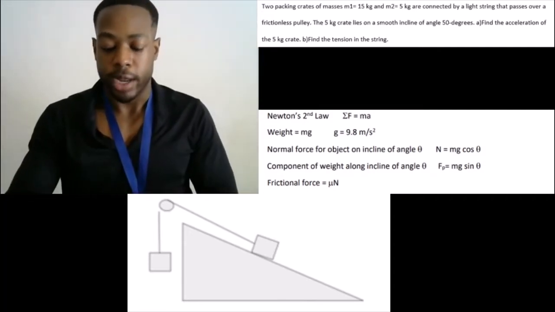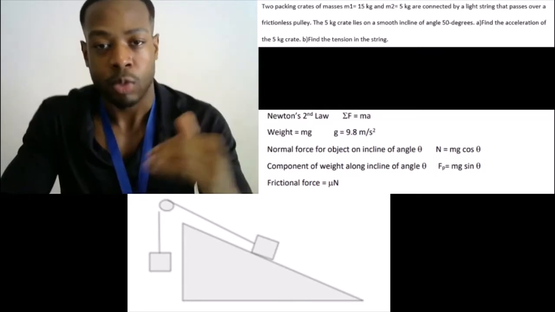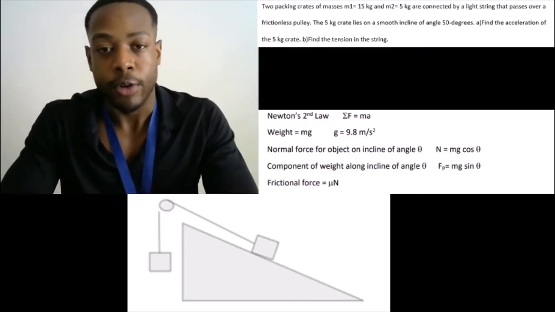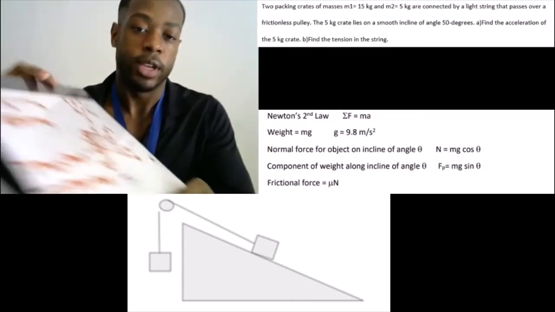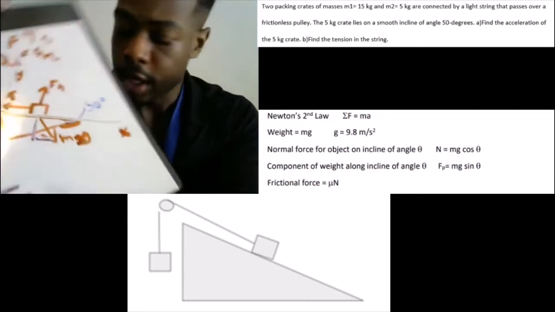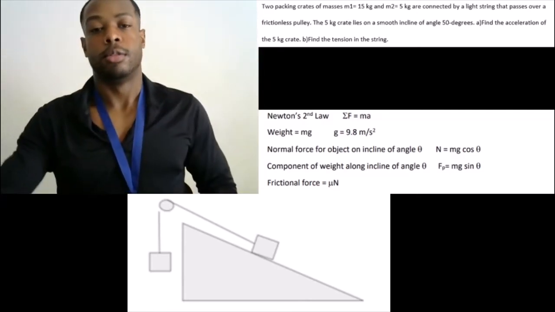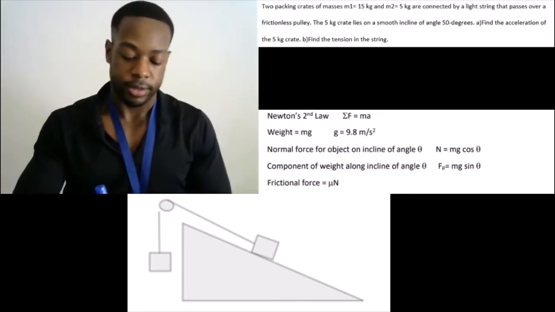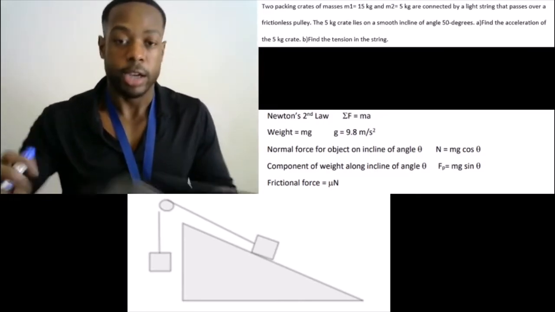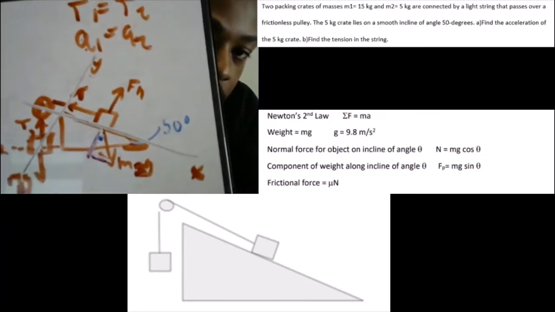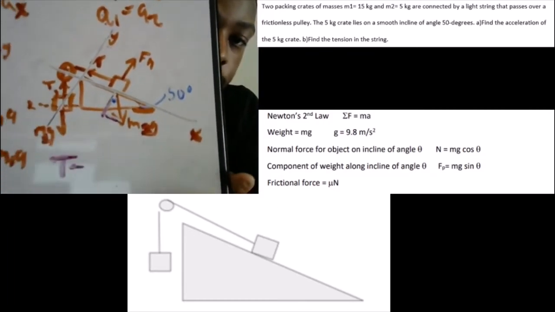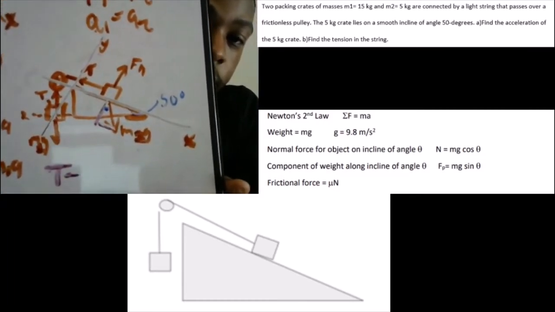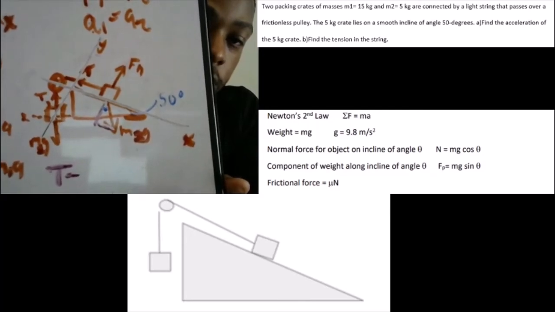We've got an x and y component, and we know we've got a 50-degree angle at the bottom of the incline. A little geometry trick is that if that's a 50-degree incline, this angle where I put this blue dot is also 50 degrees. So that's a 50-degree angle there in the triangle.